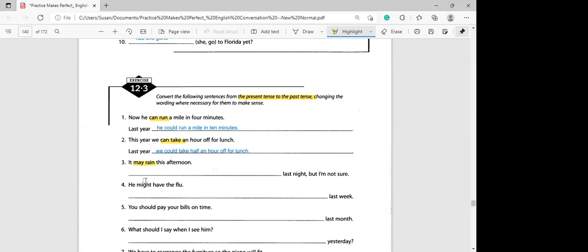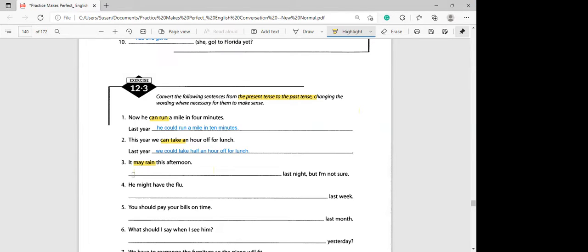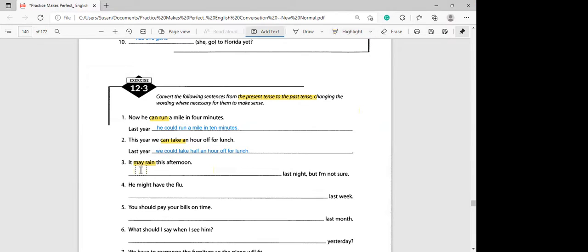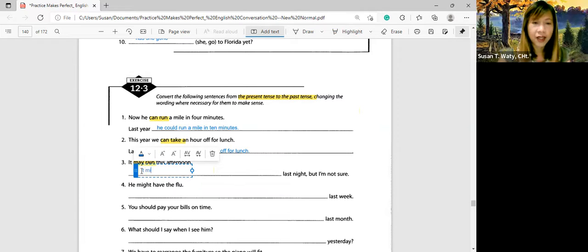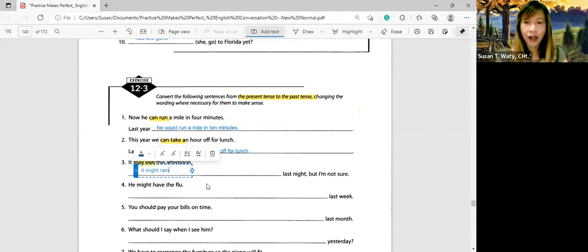Okay, Miss. It might rain this afternoon. It might rain last night, but I'm not sure. Okay, yes. Sita, a little bit of correction. It may. The past tense of may turns into might. Yes, perfect. Thank you, Sita. So Sita's answer is, it might rain last night, but I'm not sure.